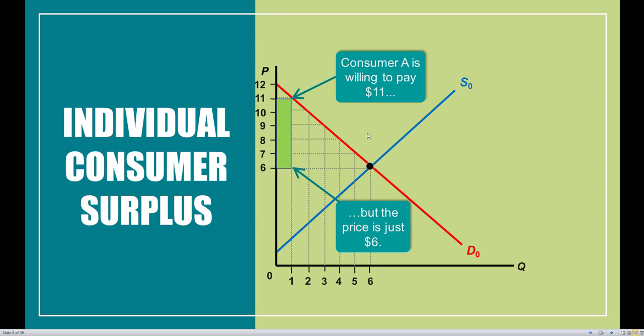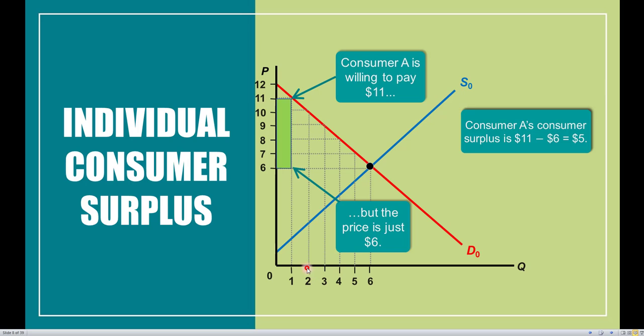So is consumer A gaining anything from this transaction? Yes, he is. And the difference between this $11 and $6 is exactly consumer A's consumer surplus. So consumer A is gaining $5 from this transaction. And then in order to build up total consumer surplus, we continue on all the way down for every single individual that we have until we reach equilibrium.